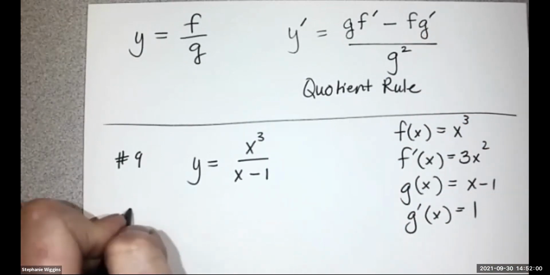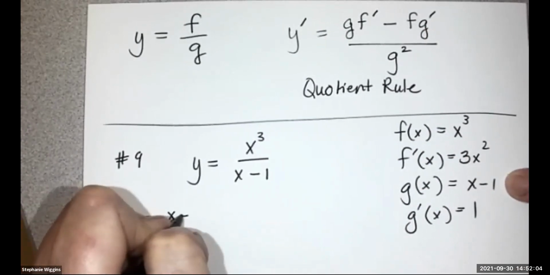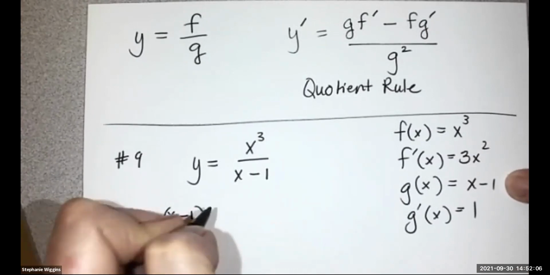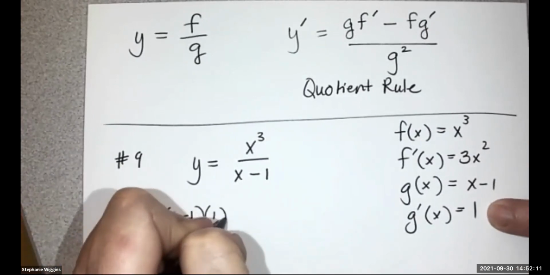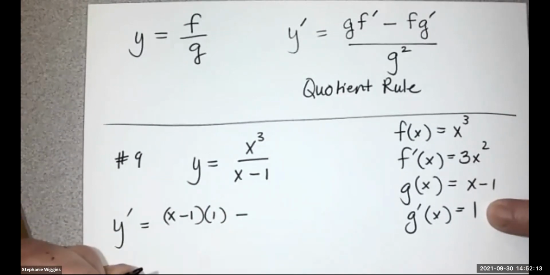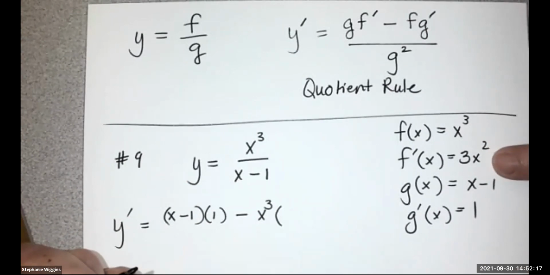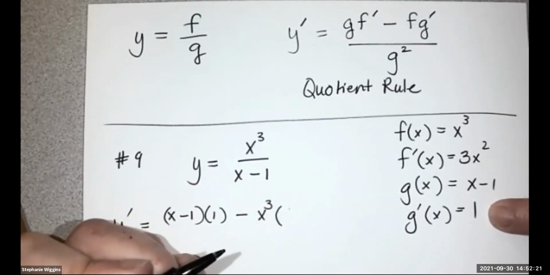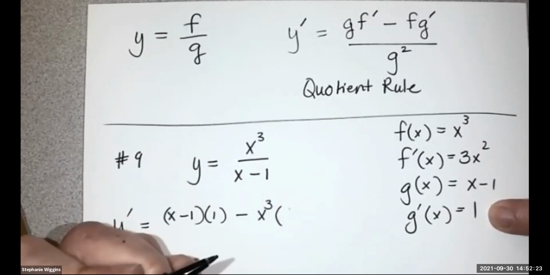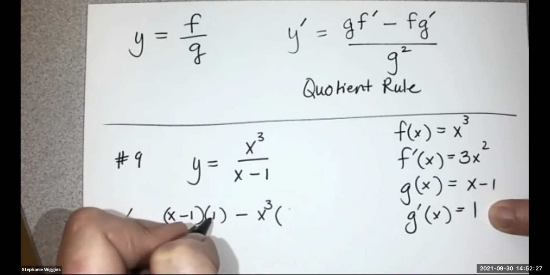So y prime equals x minus 1, that's the bottom function. You always start with the bottom function when you're doing the quotient rule. Multiply by its derivative, well, that's just 1, minus the top function, that's x cubed, multiplied by its derivative. I'm sorry, we have the bottom times the derivative of the top.